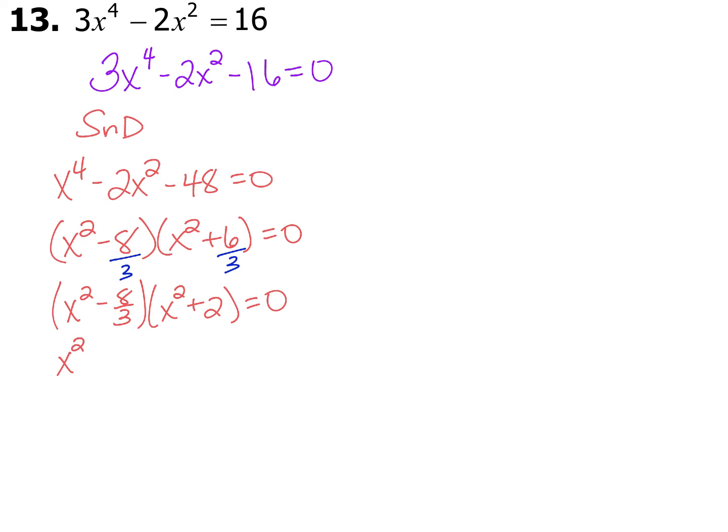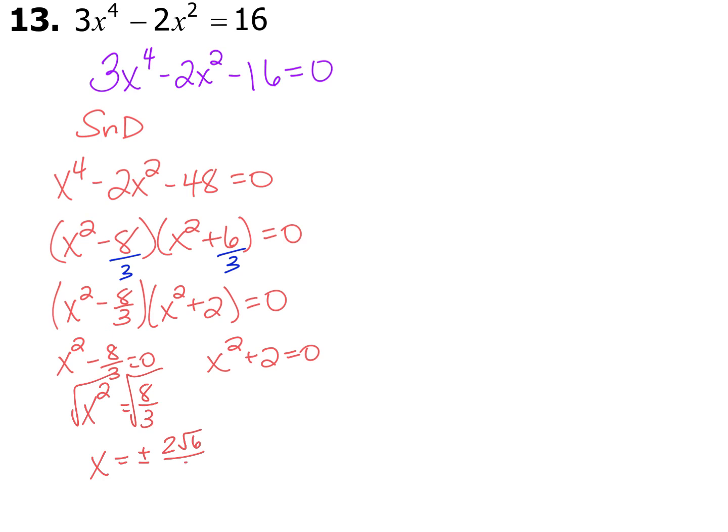So x squared minus 8 thirds equals 0, and x squared plus 2 equals 0. On the left factor, adding 8 over 3 to both sides gives me x squared equals 8 over 3. Take the square root of both sides, and that gives me x is equal to plus or minus 2 times square root of 6 over 3.